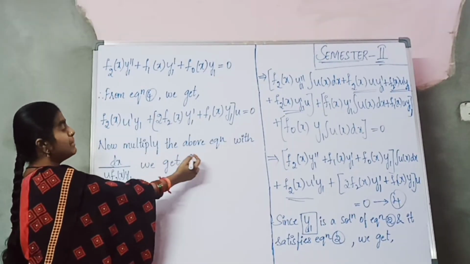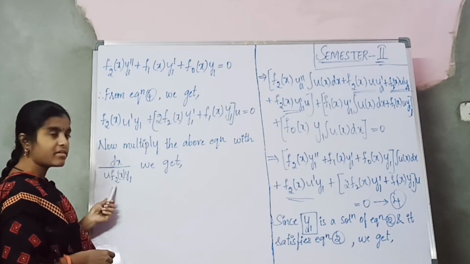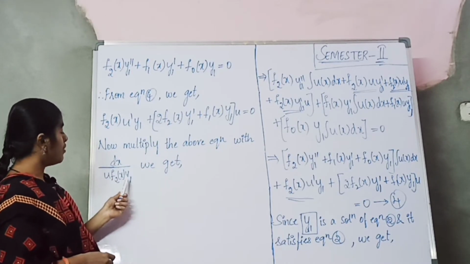Now we have to multiply the above equation with dx by u f2(x) y1.